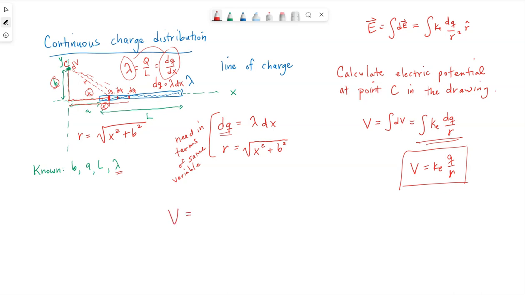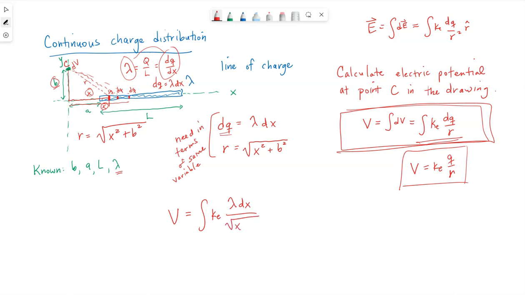Now, these are the only two pieces we need. So thinking of this equation over here, I'm going to put in for dq lambda dx, and in place of r, the x squared plus b squared.